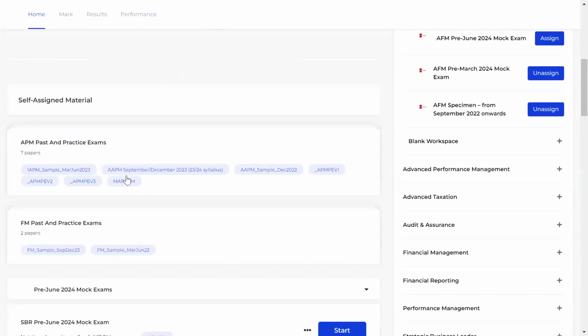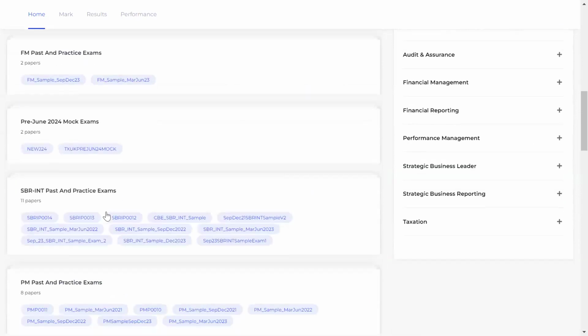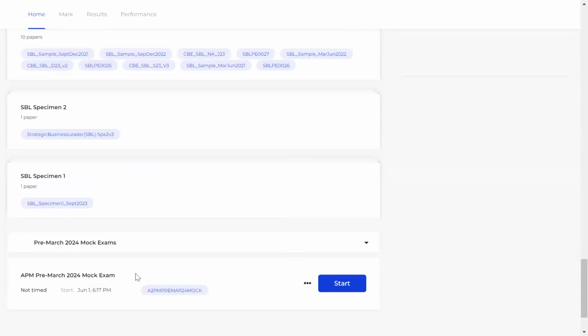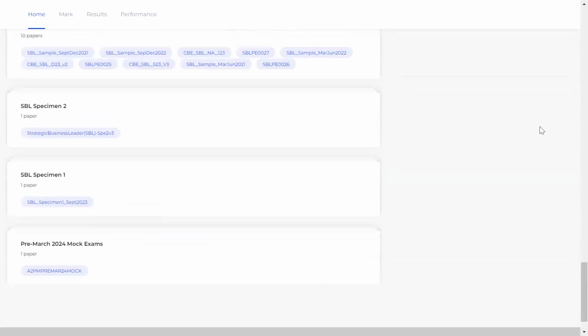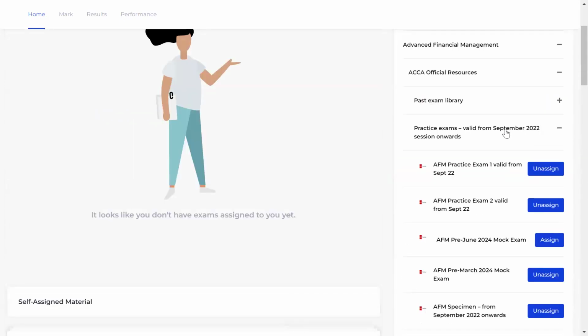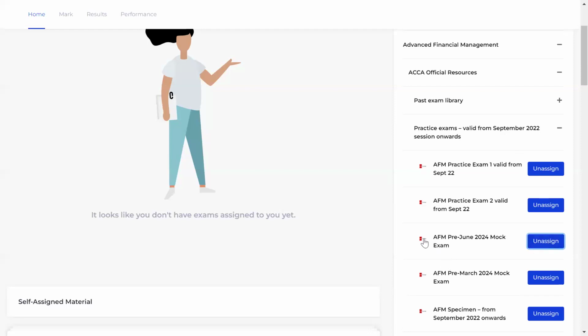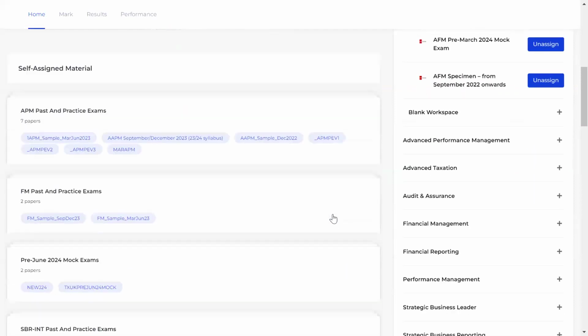I just need to check where it is appearing. Okay, here you go. Now this is APM. Why am I not getting to see the AFM one? Why is it not appearing? Okay, now I've actually assigned it.